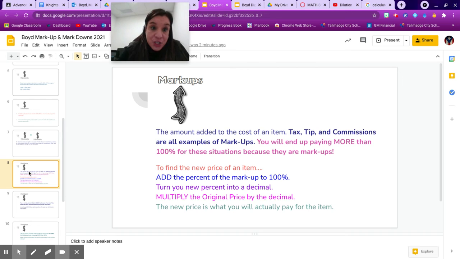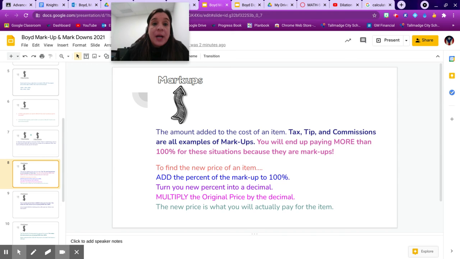The next section is a markup. And a markup is any time that you're going to end up paying more than 100%. So this is the amount that is added to the cost of an item. So in your real life world problems, you're going to have things like taxes, tips, commissions, and sometimes just general markups when you go to the store.